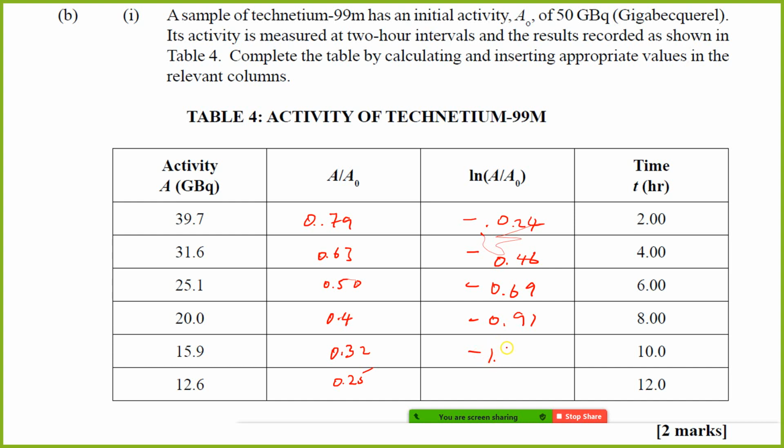Because of these negative values, I wonder what they're going to tell me to do with them, guys. I think we're on the right track, that much I can say, because all we're doing here is simply taking the ln of the numbers, right?